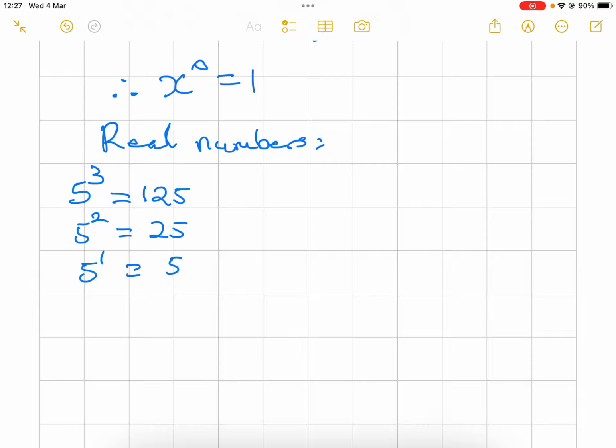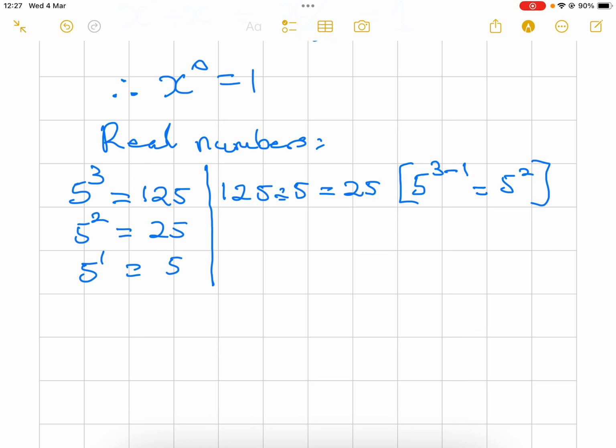Now, let's divide repeatedly by 5. Let's begin with the first one. 125 divided by 5 is equal to 25. How did we come about that? This is the same as 5 raised to power 3 minus 1, which is 5 raised to power 2.